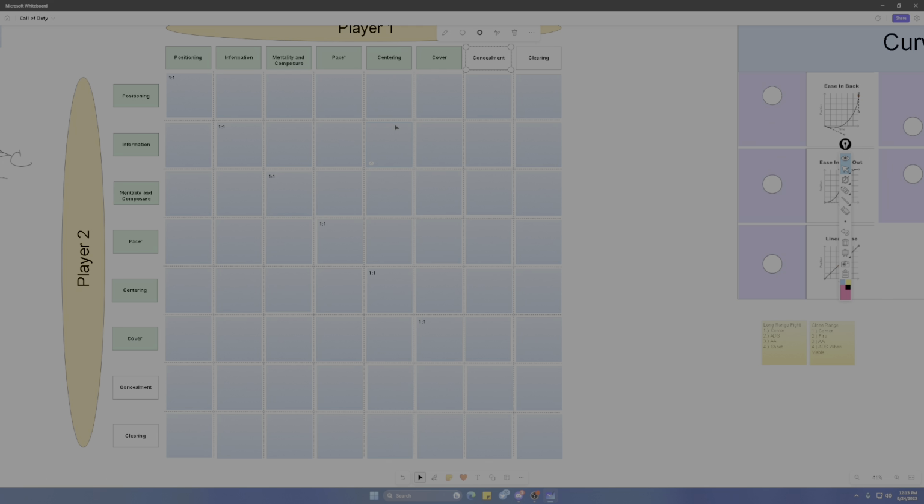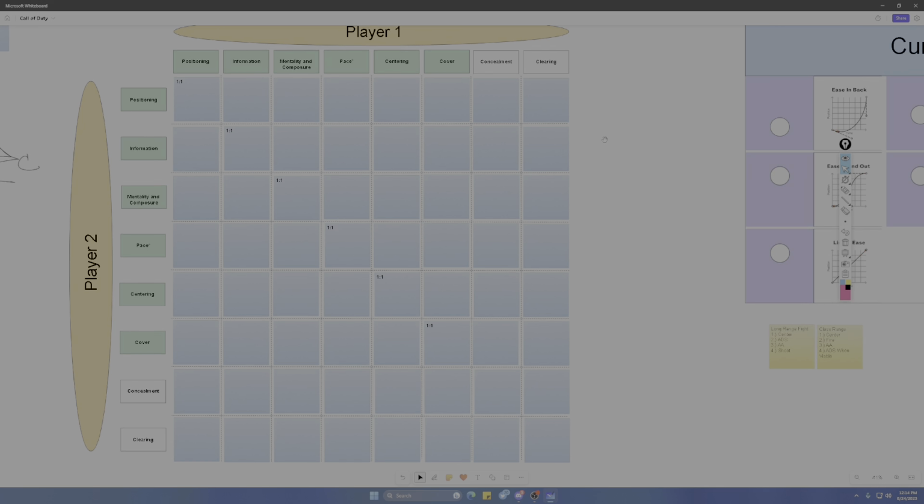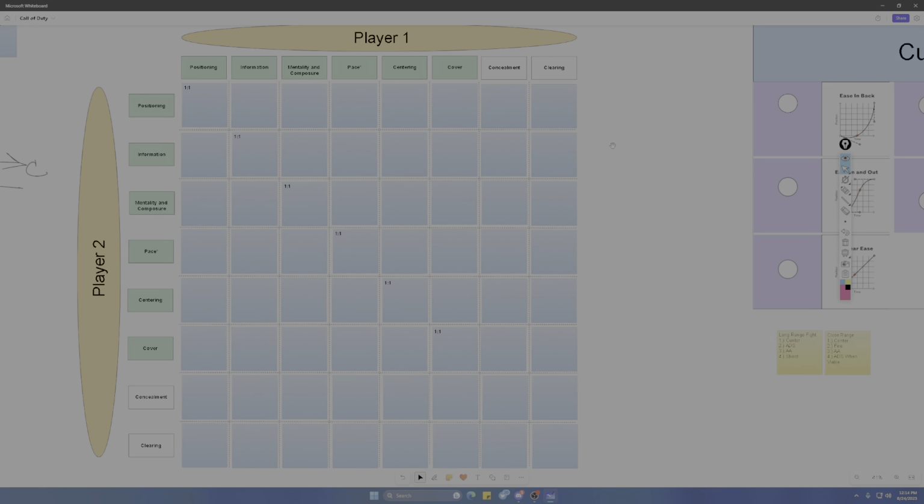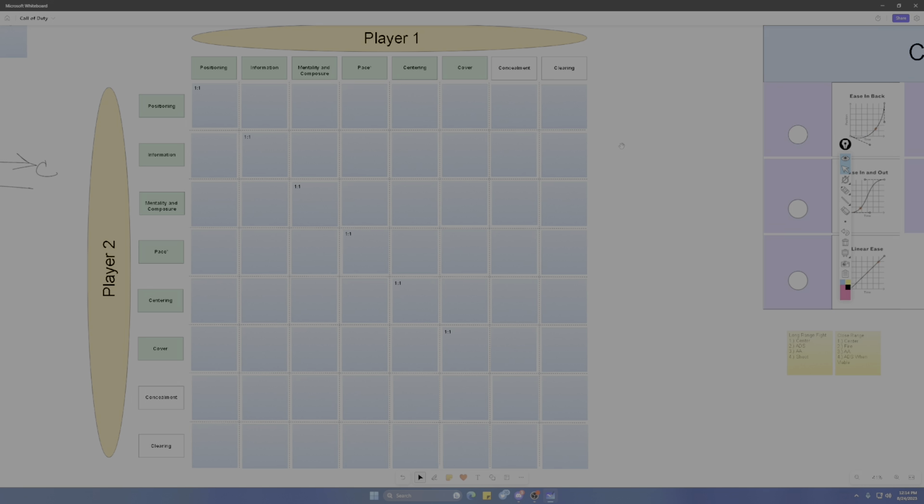Concealment is, this could be using cover, rotating out of cover, using high ground. It's basically hiding information. So on the one hand, you're gathering information, and you could be really good at gathering information, but at the same time, if you're always giving up free information, it does become a problem.